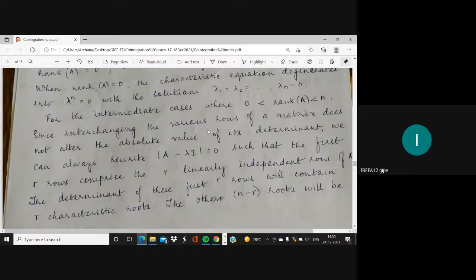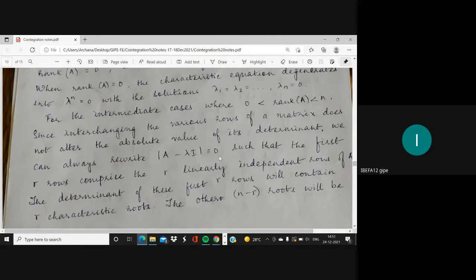That's something you would have learned earlier also. So you can always rewrite this particular matrix A minus lambda I, where I is the identity matrix, equals 0, so that the first R rows will have the R linearly independent rows of A, and the remaining n minus R rows could have linear dependence.